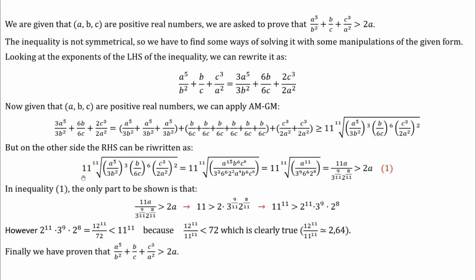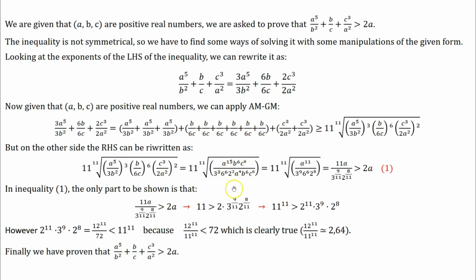If we regroup all the exponents of the terms a, b, c, we get that the right-hand side is equal to 11 times the 11th root of a to the 15th times b to the 6th times c to the 6th divided by 3 to the 3rd times 6 to the 6th times 2 squared times a to the 4th times b to the 6th times c to the 6th.